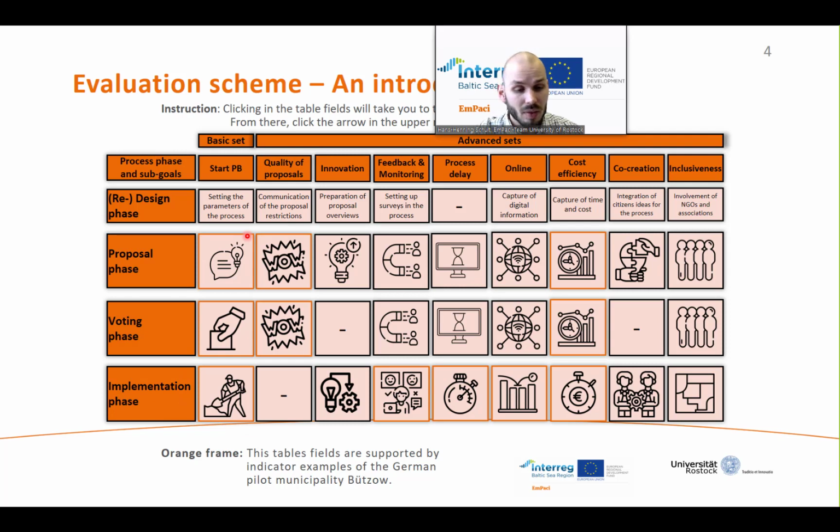And from that on, then maybe over time, or maybe even at the beginning, when you really think about what your PB should achieve, your sub-goals or additional goals could be different. For example, you really focus on the quality of proposals, like citizens make proposals, and you really want a high acceptance rate because the citizens make good proposals, use the requirements and understand them and put them into their proposals.